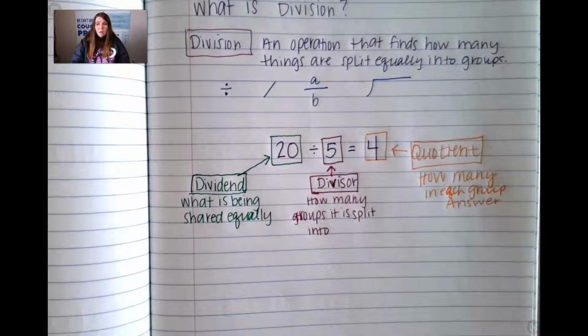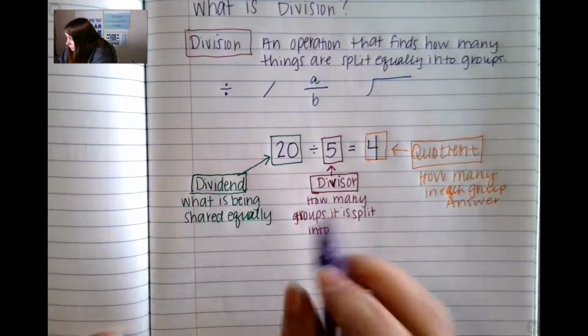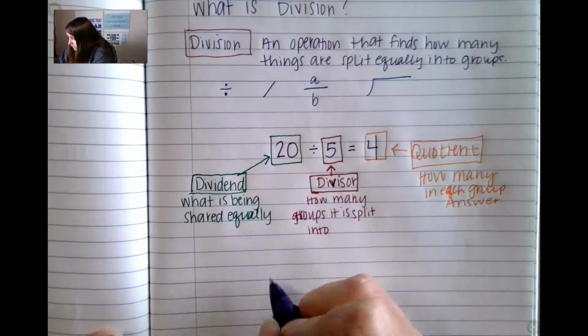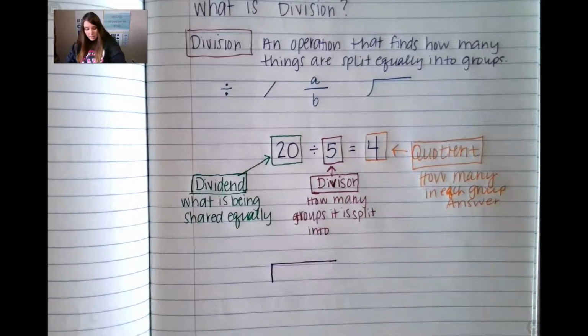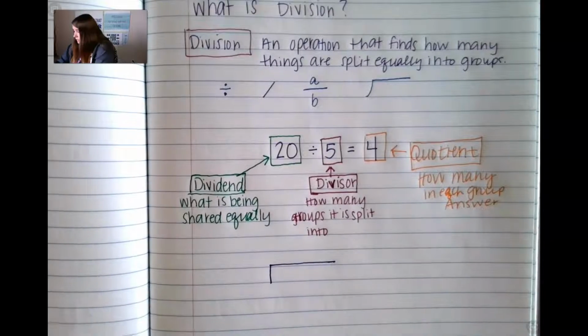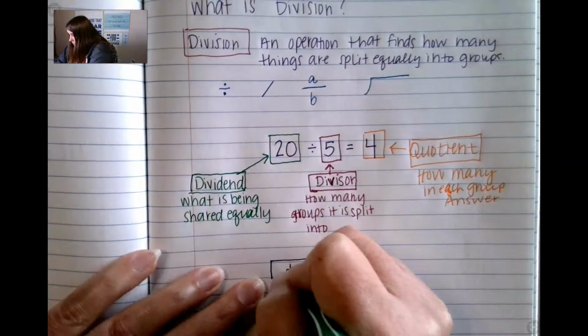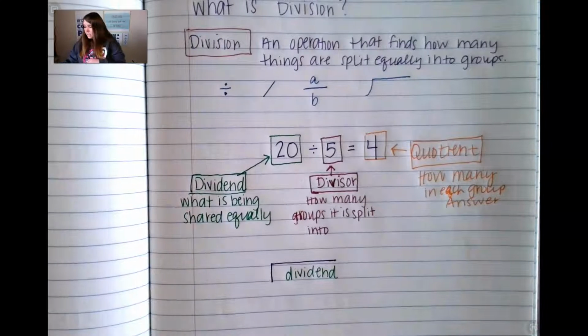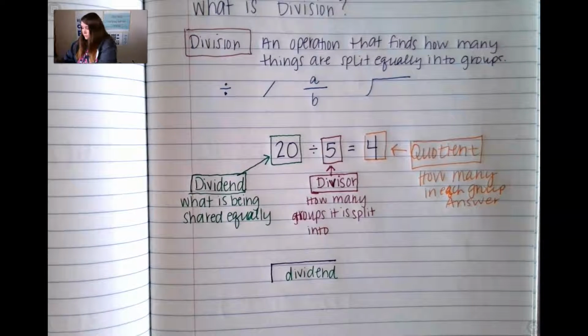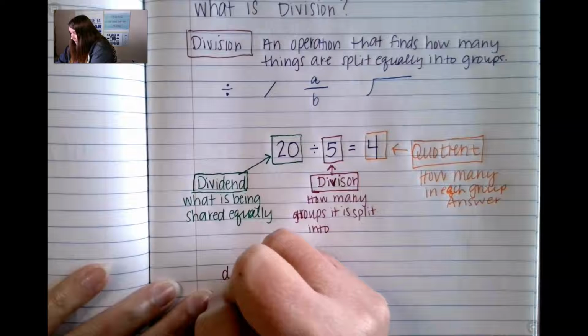Okay, so in long division, when we have a long division problem, the dividend is in the house. The divisor is on the outside.